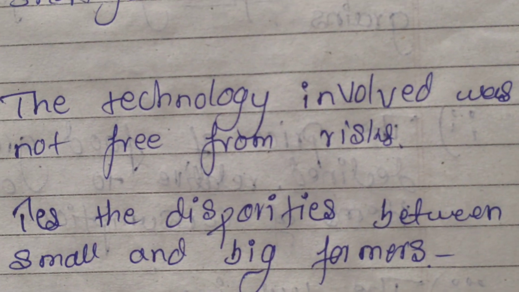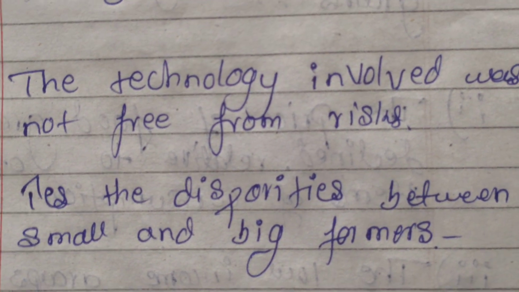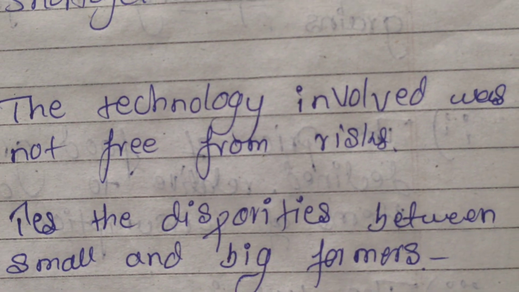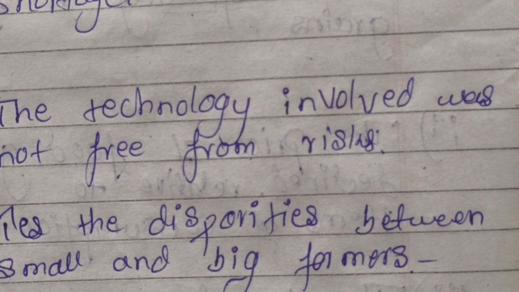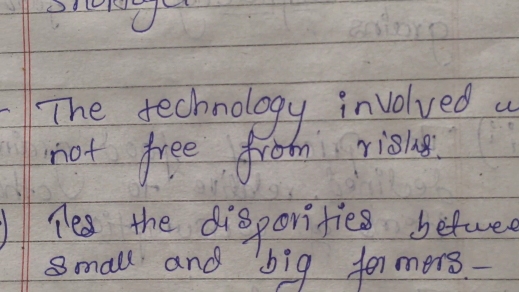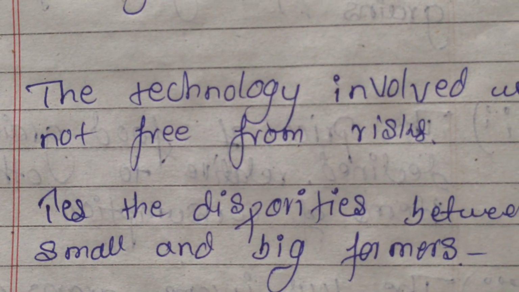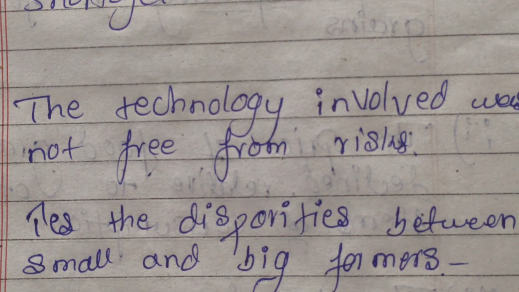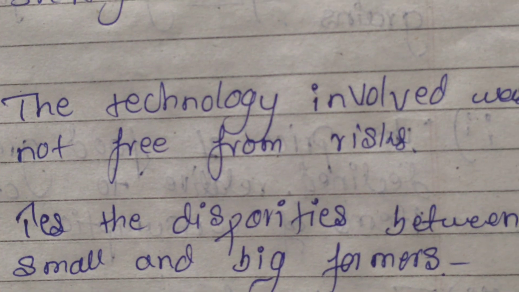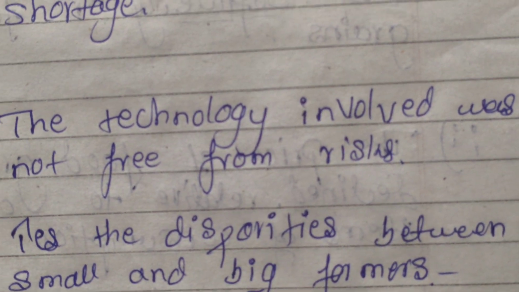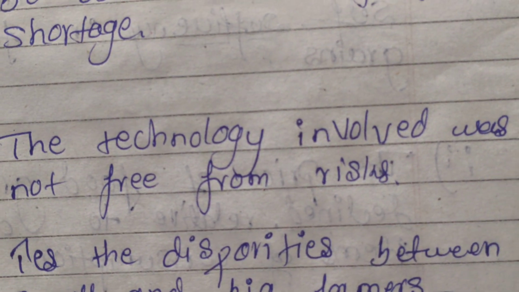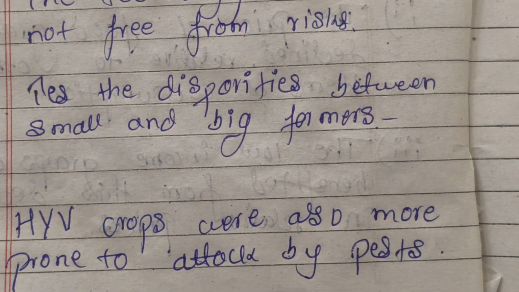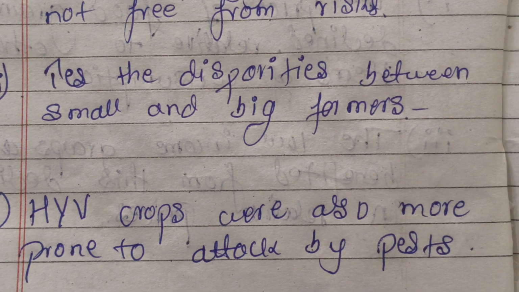Big, rich farmers are able to purchase higher yielding variety seeds and new technology. But small farmers and landless farmers are unable to purchase the new technology or adapt to it. Next, HYV crops were also more prone to attack by pests.